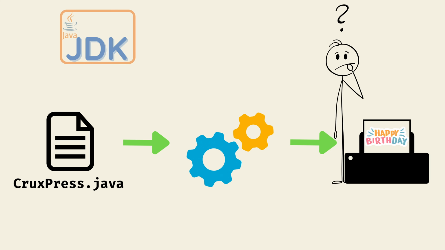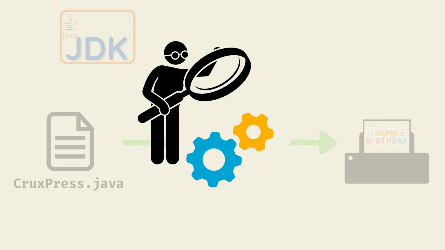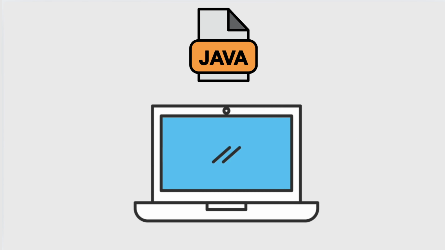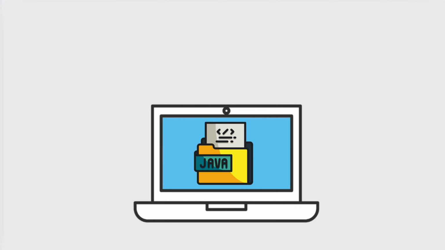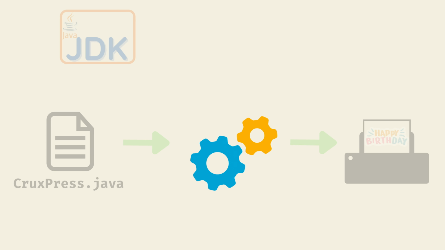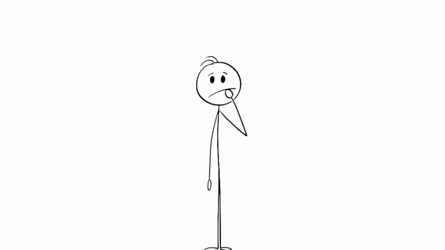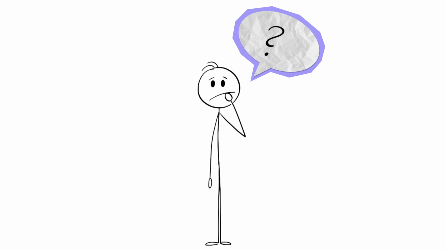To really understand how that happened, we need to look inside this execution engine. Remember in the last video, we talked about Java being a platform as well? Well, this execution engine is the Java platform that makes it all possible. If you're wondering what a platform is, let me explain.